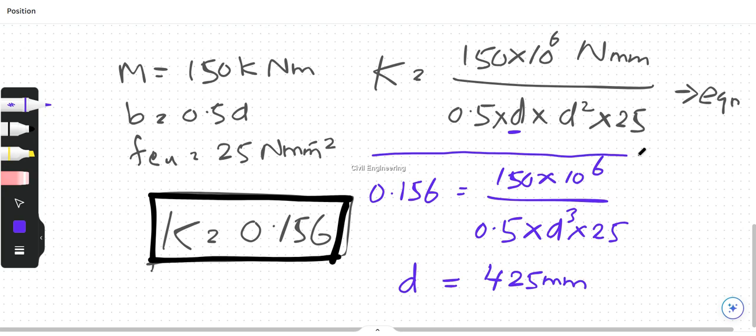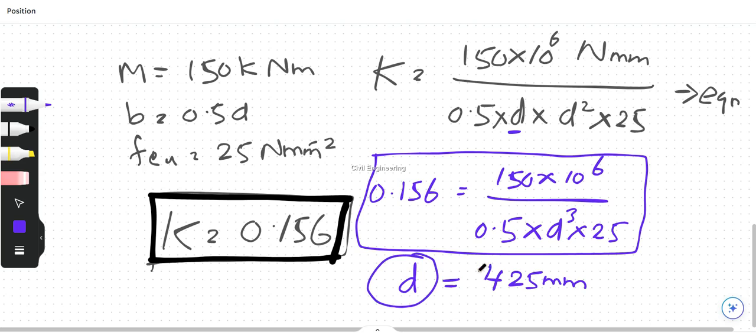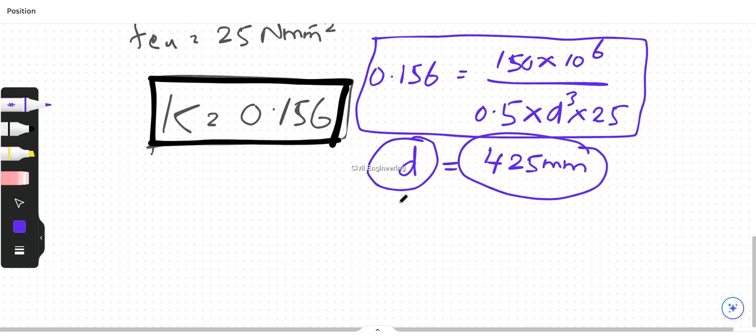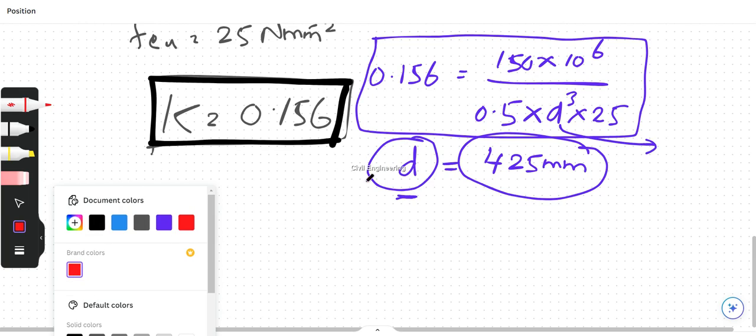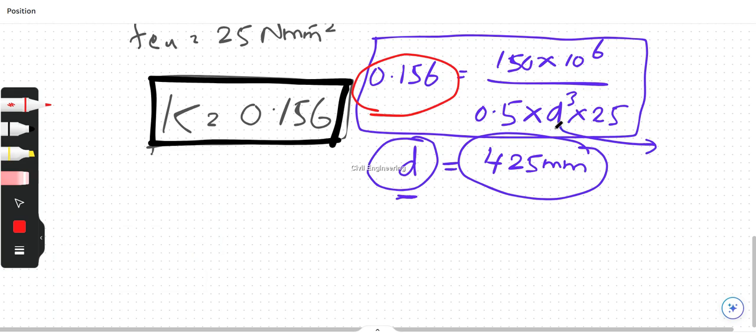By solving this equation using a calculator, we can take this value. This must be the minimum effective depth. We can take any value greater than this d, and when d is greater, in this equation we can identify that the K value becomes lower as d increases. So we can take any value greater than or equal to 425.